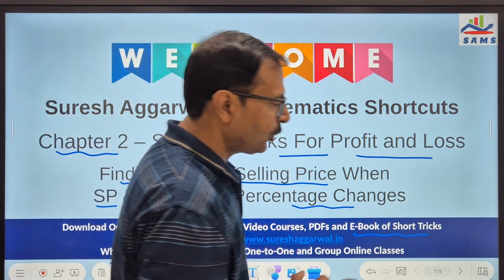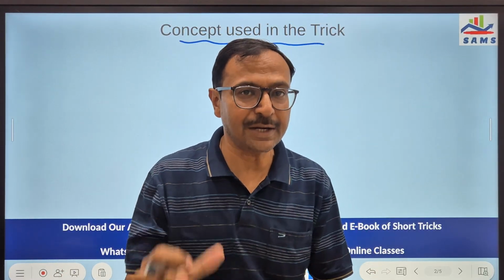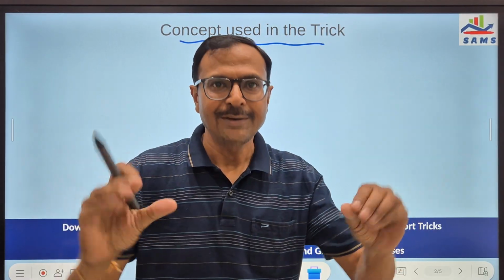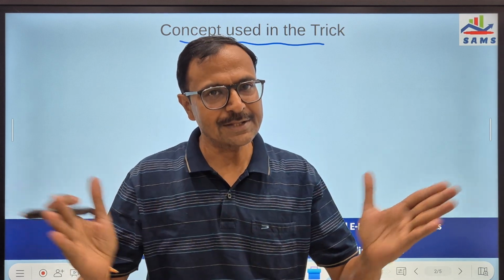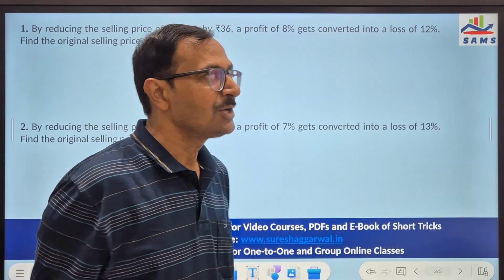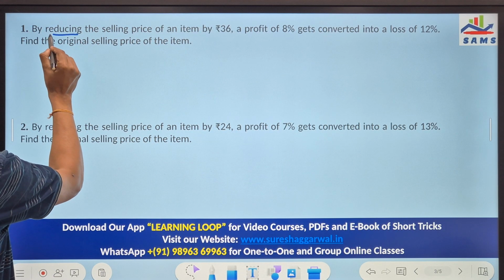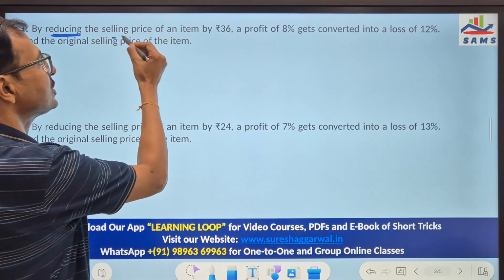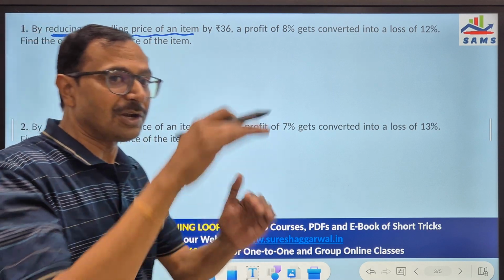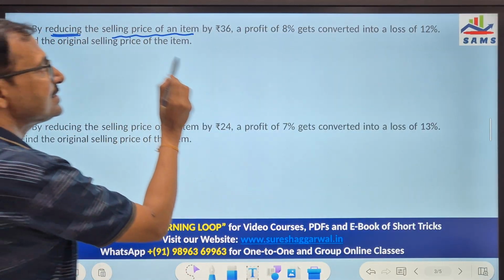So friends, before getting into the concept used in the trick, that means what is the trick? That means the direct formula wherein you put the values and get the answer. Before telling you that, let me show you the type of question. So here you can see there is a question which states by reducing the selling price of an item. So what happens when we reduce the selling price?